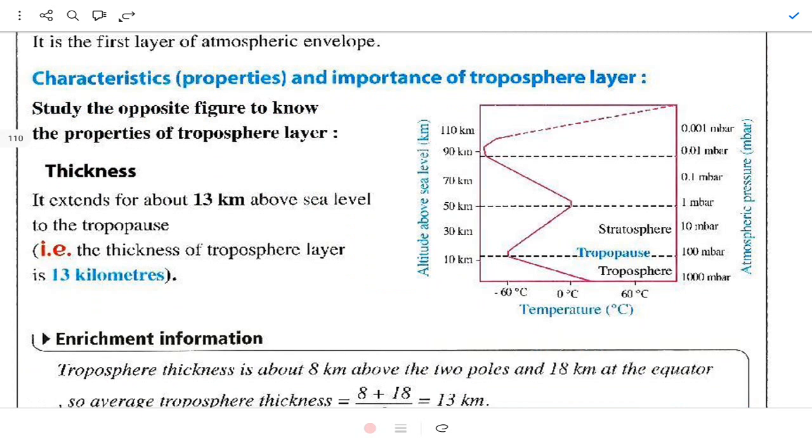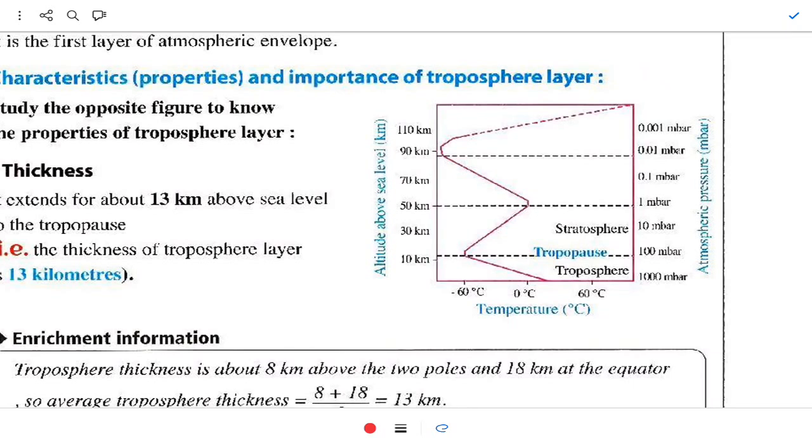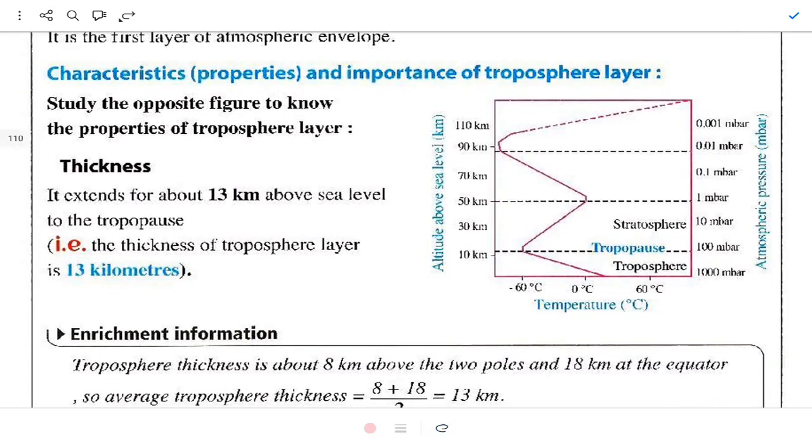You will notice that this layer extends for about 13 kilometers above sea level to the tropopause.